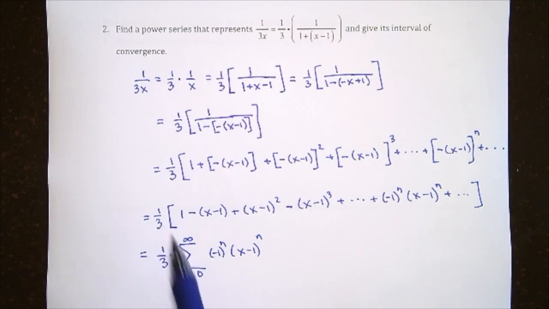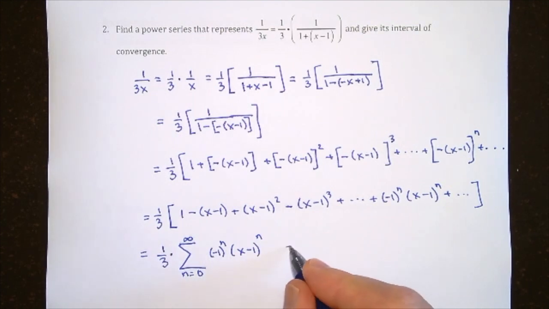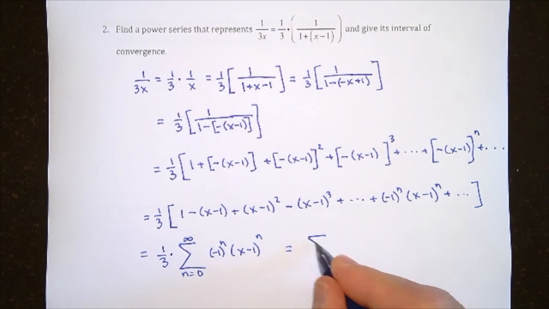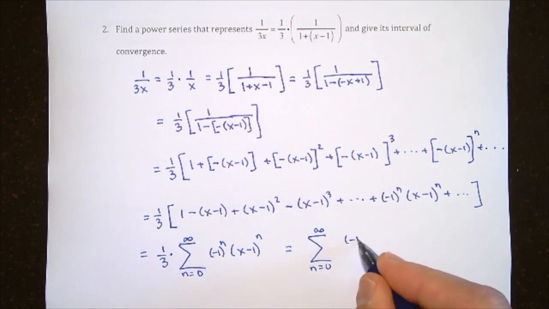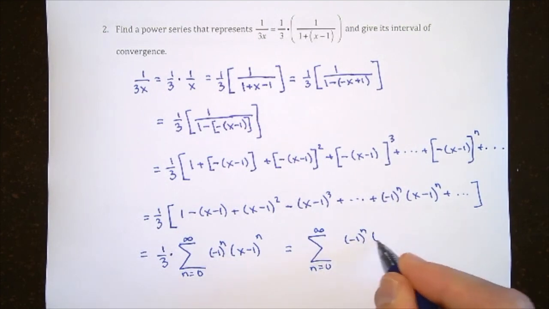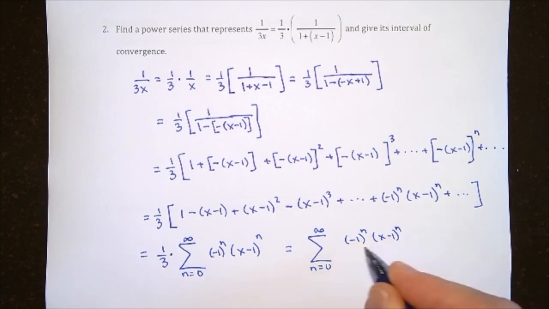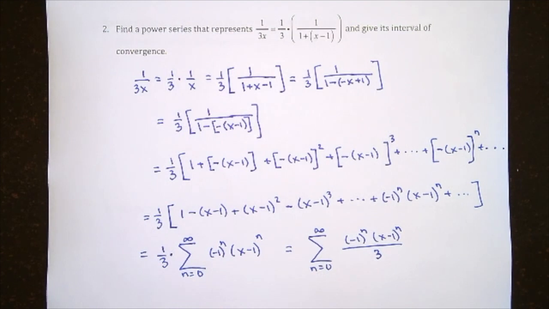One property is that you could distribute this 1/3 in here, right? So we can bring constants outside the sigma notation in. An alternative way of writing this is sigma n equals 0 to infinity of negative 1 to the n times x minus 1 to the n, all over 3. And we can write it like that.